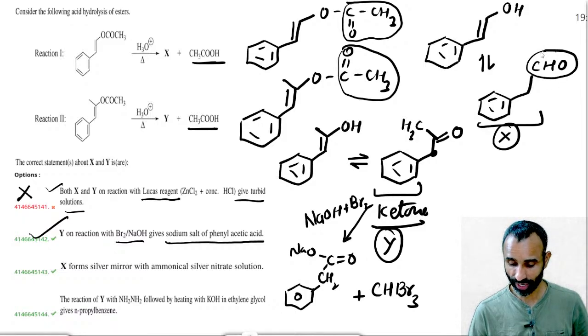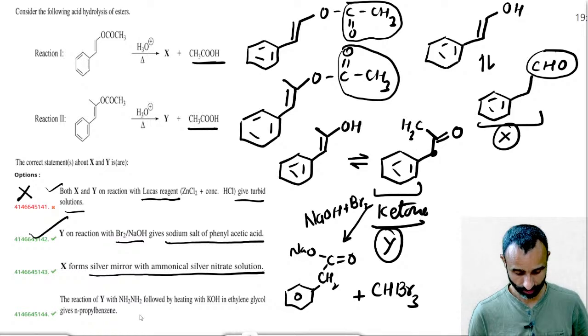X is aldehyde, so obviously it forms silver mirror. It gives Tollens reagent test. The reaction of Y with NH2NH2 followed by heating with KOH in ethylene glycol gives normal propyl benzene. It is the Wolff-Kishner reduction.